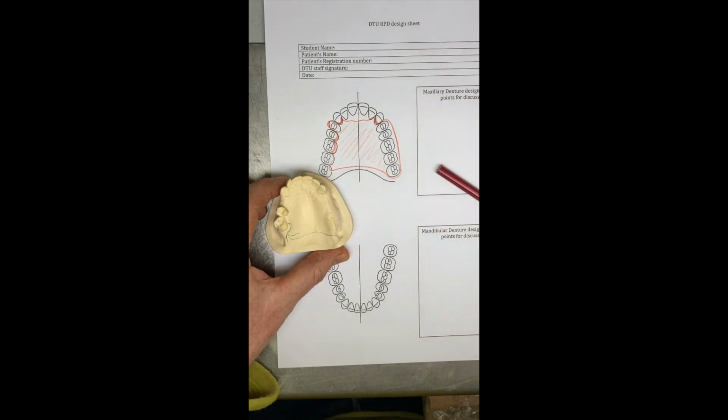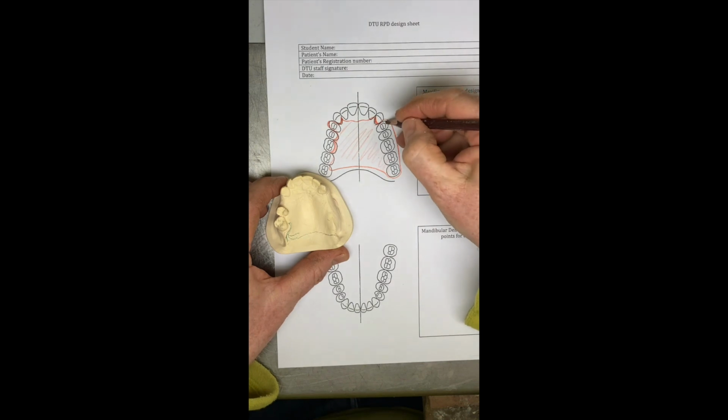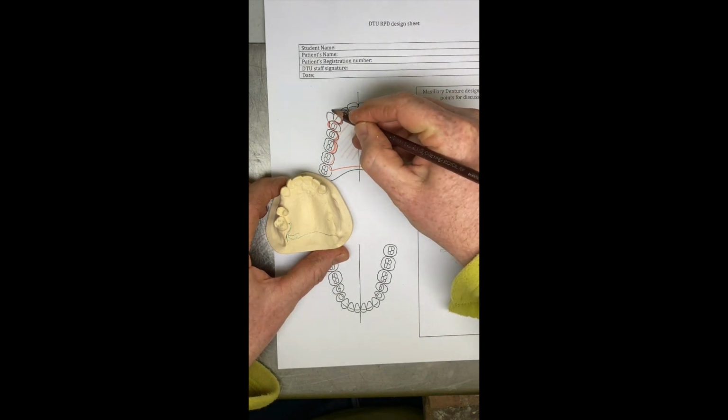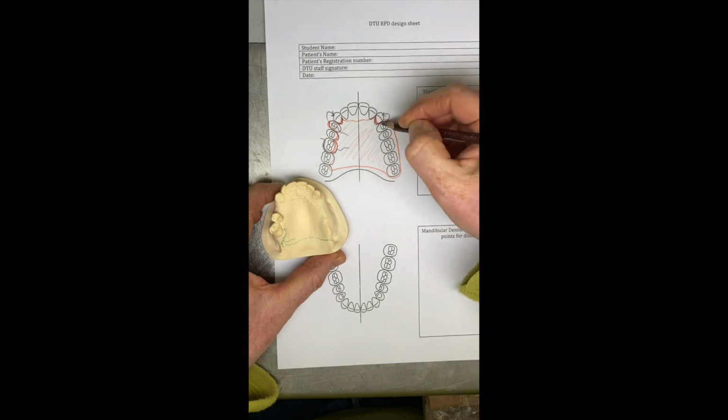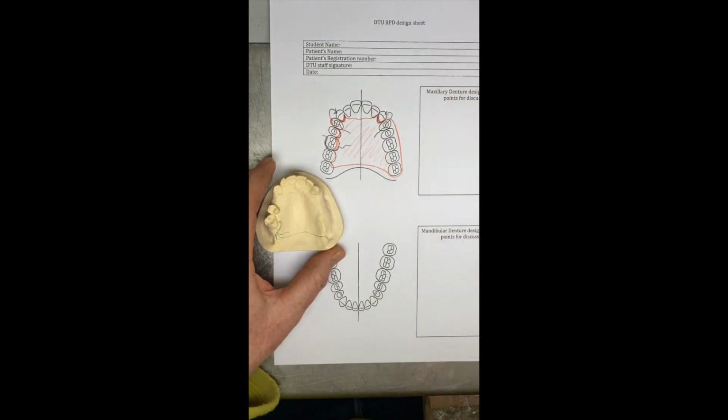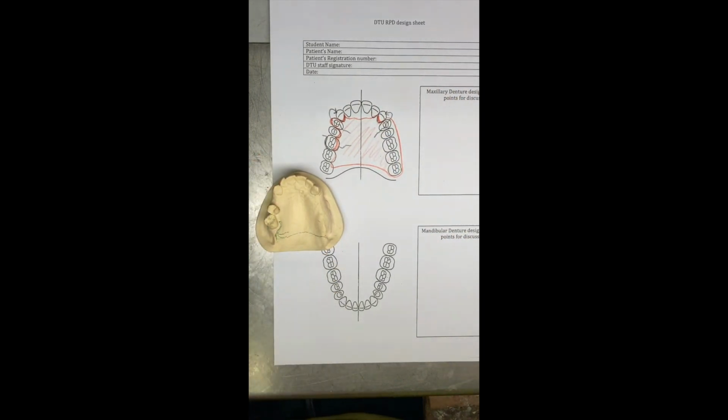And we can incorporate clasps and consider the path of insertion just like we did for the tooth-borne denture. Put a clasp around this tooth. We draw these squiggles just to show that they're wrought wire clasps going into an acrylic base. Okay, so that's about it for that one. Everything else is the same kind of consideration really. Okay, so that's model number 5.